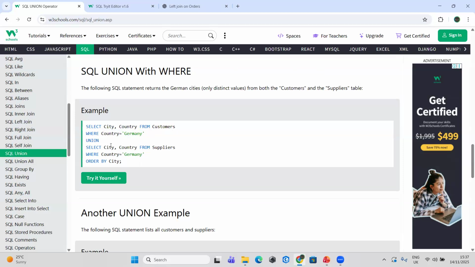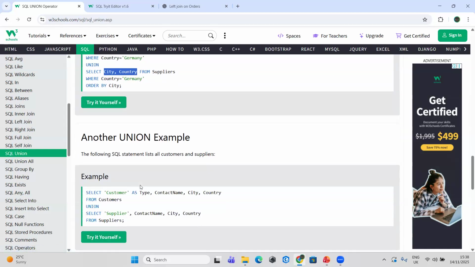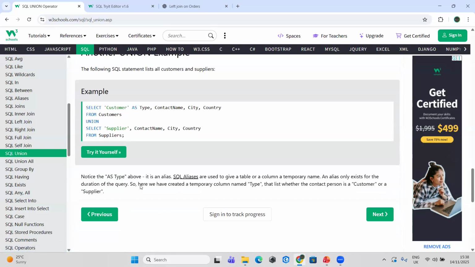Then union it with the city and country from suppliers, where the country is Germany. The number of columns is the same in both, so it will add both and then order by city.